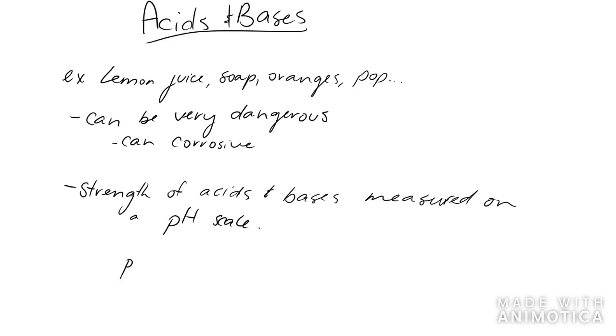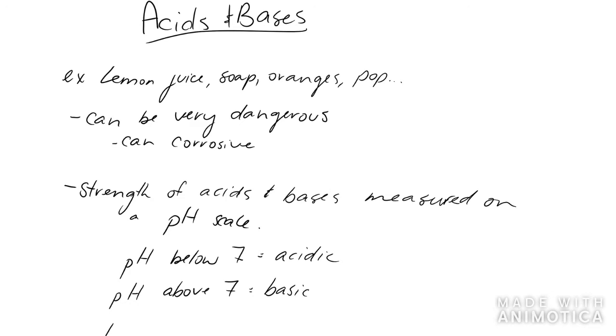So to have a pH of below 7 means it's acidic. If the pH is above 7, it's basic. And if the pH is equal to 7, it's neutral.